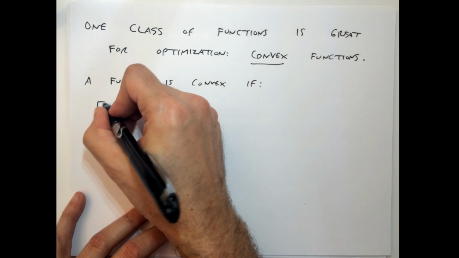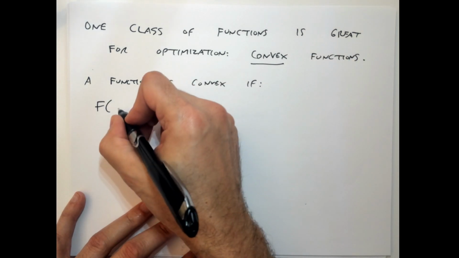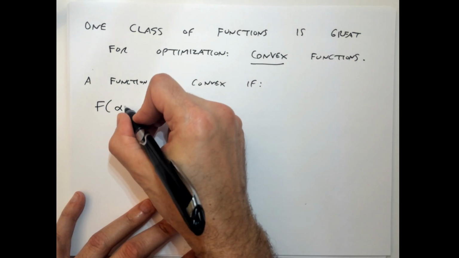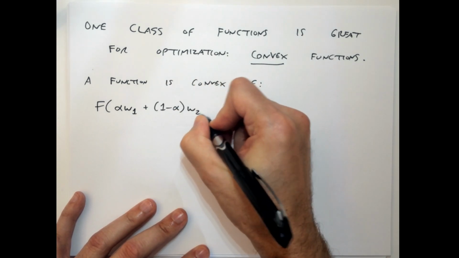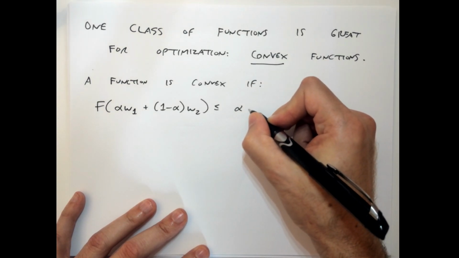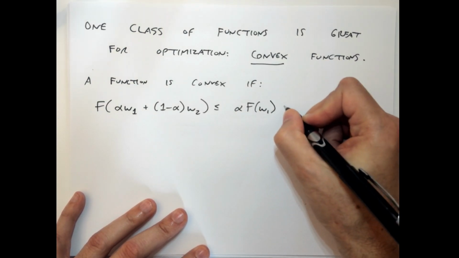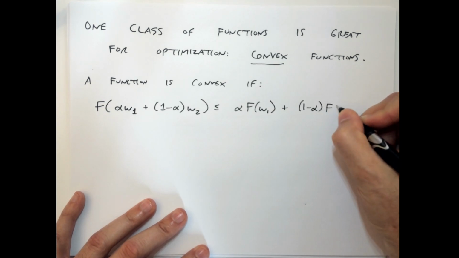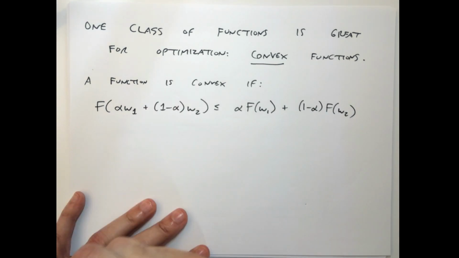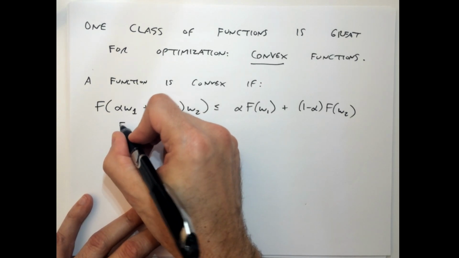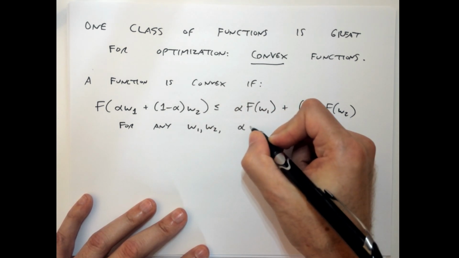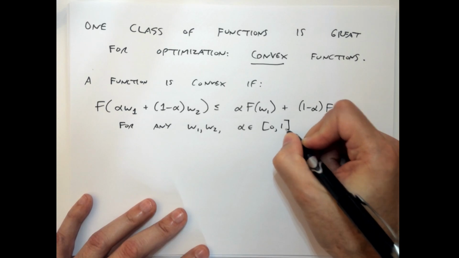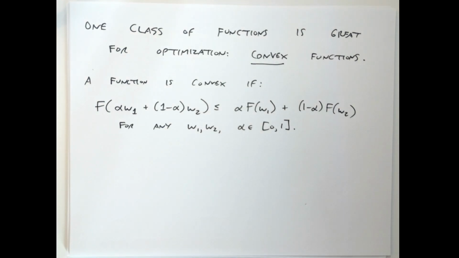Basically, it says that if I choose any 2 points, W1 and W2, that this property is true. So this is true for any W1 and W2 and any value of alpha between 0 and 1. Again, maybe not super obvious what this means when you just read it as an equation.